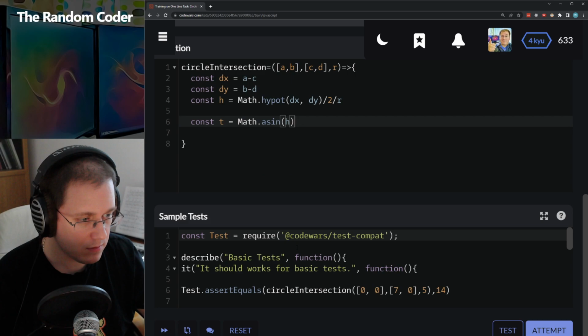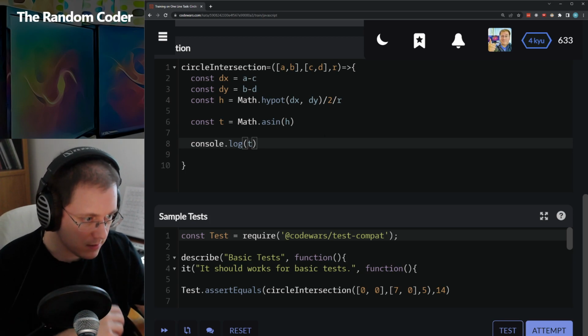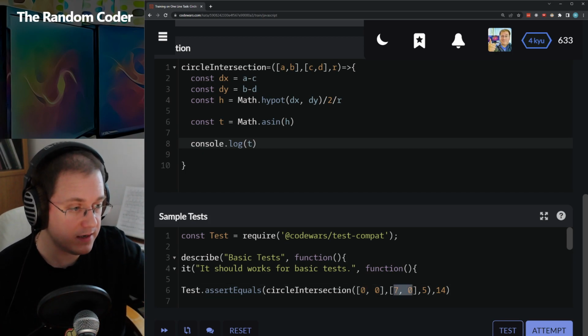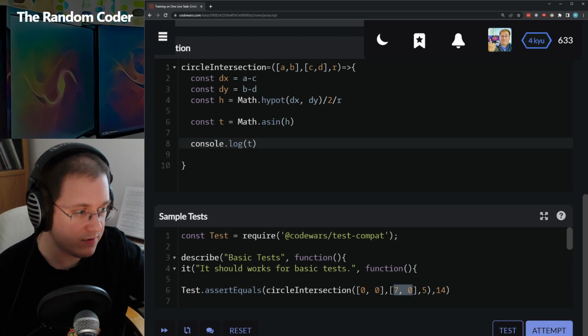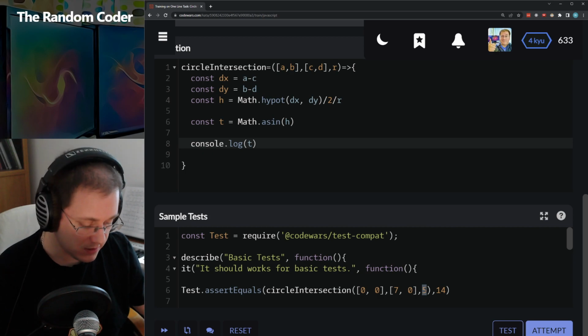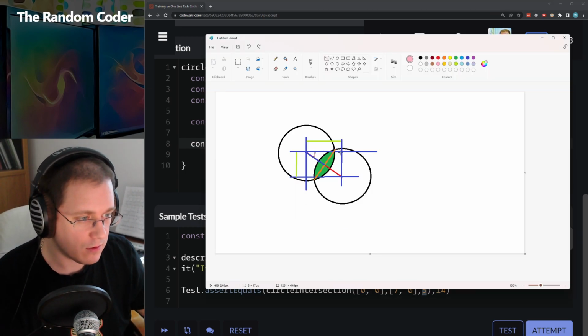So maybe we should just see how we're doing. Console log t, and our first example here starts at 0, 0 and 7, 0, so it is deflected in the x-axis by 7 units, and the radius is 5, which means imagine these are along a horizontal axis.